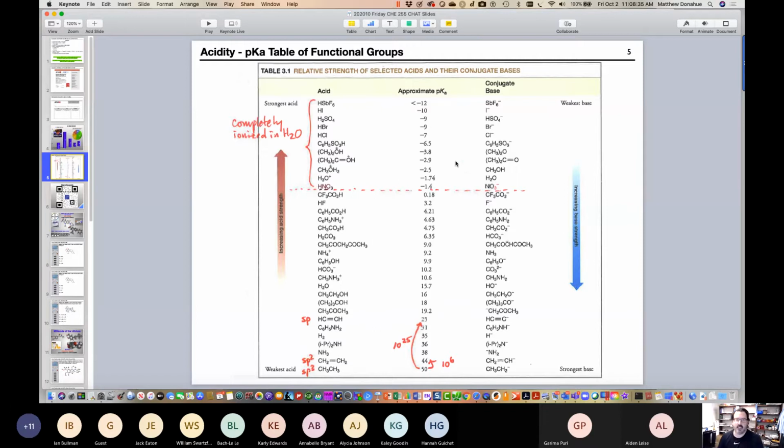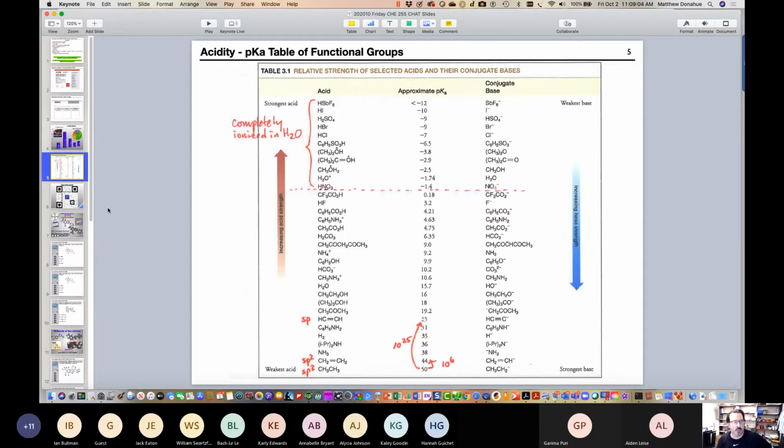Then, as I said, try to put the functional groups in bins of, say, 5. So you have your -10, your -5, your 0, your 5, your 10, 15, 20, 25, 30. If you categorize that, you'll understand these functional groups a little easier than memorizing specific numbers.